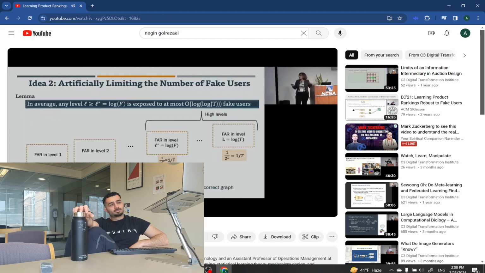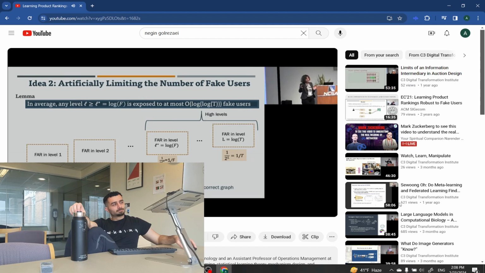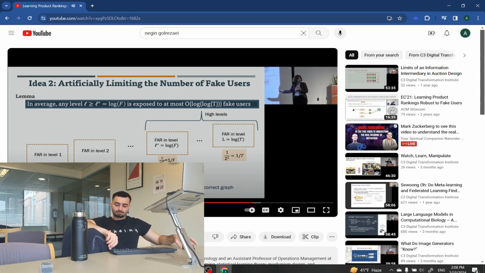I did not know f, but at least I knew that these high levels are going to see at most log t fake users on average. So if I enlarge the confidence interval by this factor, theoretically, I can say that any level greater than L star is going to make the right decision when adding edges in the graph. But if I transfer all the samples to them, that would corrupt these higher levels, so then I can no longer say that they are making correct edges with high probability.